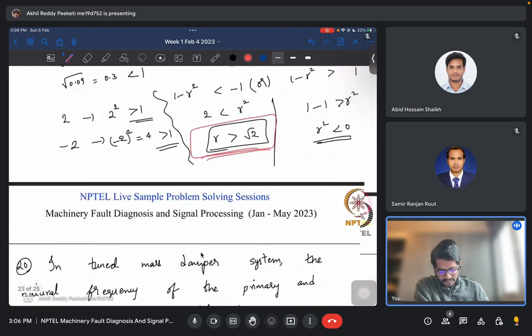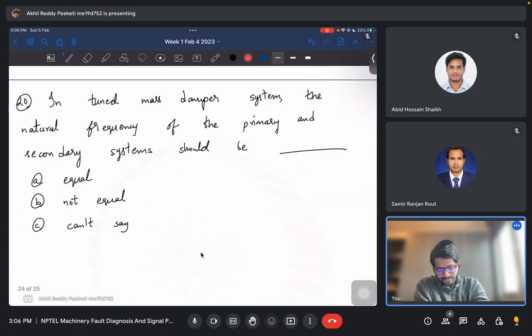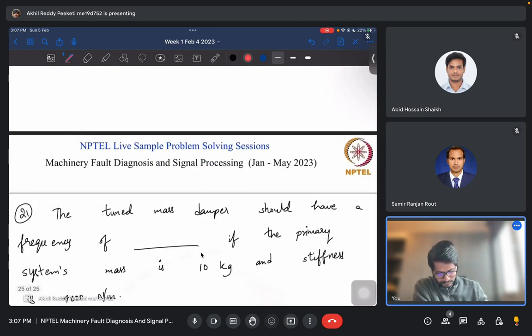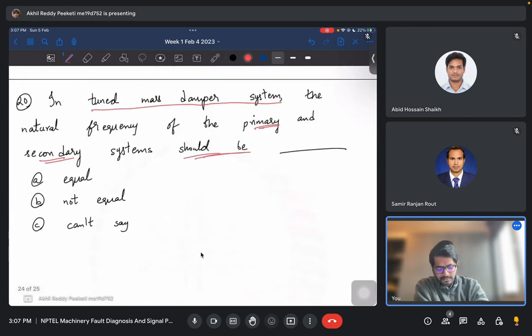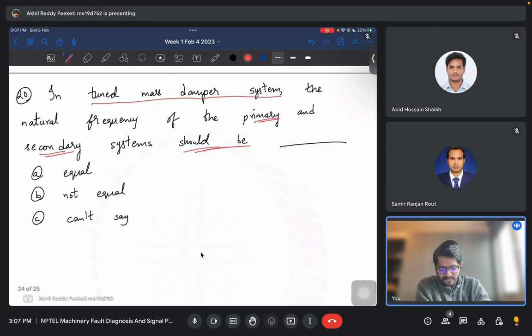Now let's look at one more question. Yeah. So this is a tuned mass damper system. The natural frequency of the primary and secondary systems should be. So in a tuned mass damper system, the primary system is the system which you already have. To that you are adding some extra systems so that you can dampen out.